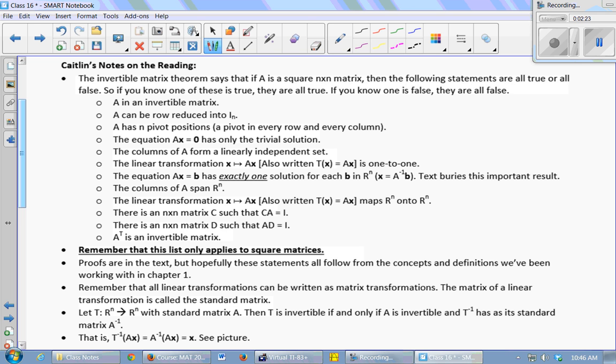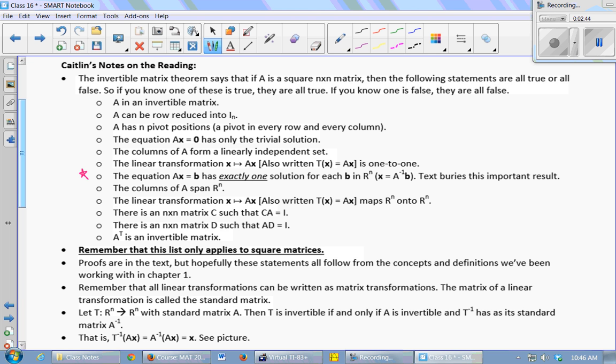And having pivot positions in every row and every column tells us that AX equals B has exactly one solution. This one I wrote a little differently than the text did. Your text said at least one solution.